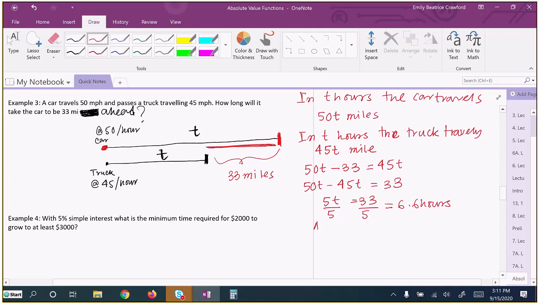You say after 6.6 hours, which is actually 6 hours and 36 minutes, the car will be 33 miles ahead of the truck.